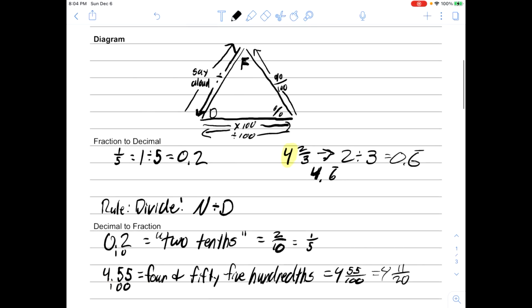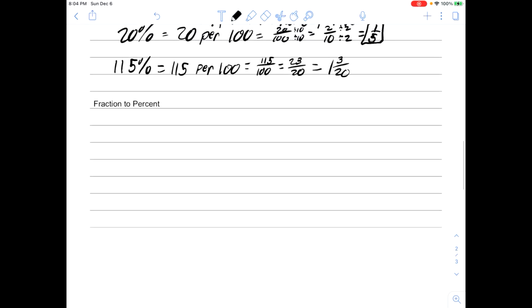Then finally, the last thing we want to be able to do is go from a fraction to a percent. So let's say I had the fraction 1/4. To turn a fraction into a percent, remembering what percent means. Percent means per 100.